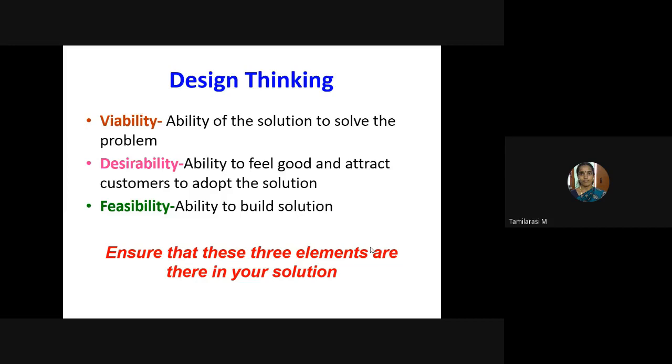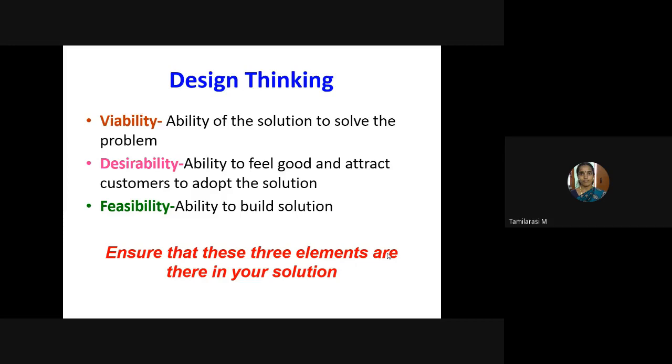The second thing is desirability. It should attract the customers. We are developing some product, but if it is not at all useful for the customer, or not known by the customer, or not liked by the customer, right?